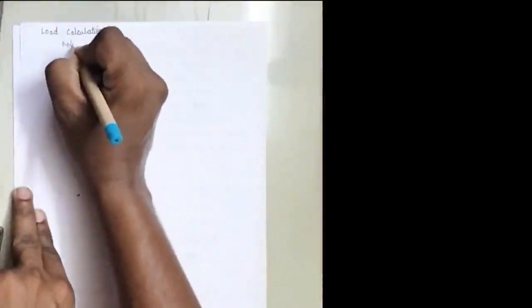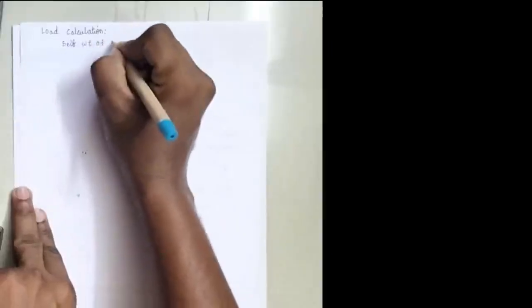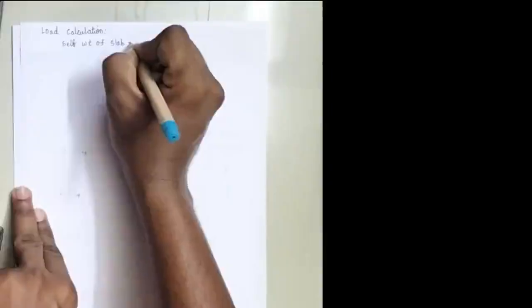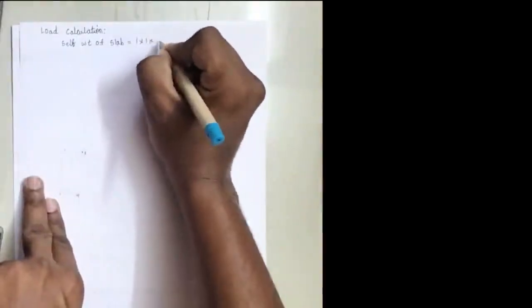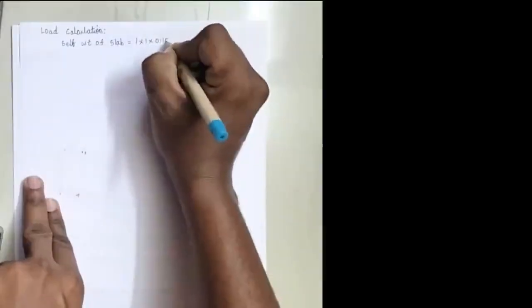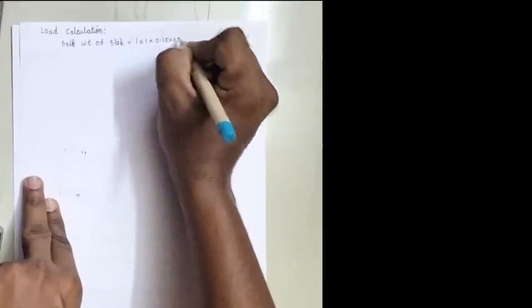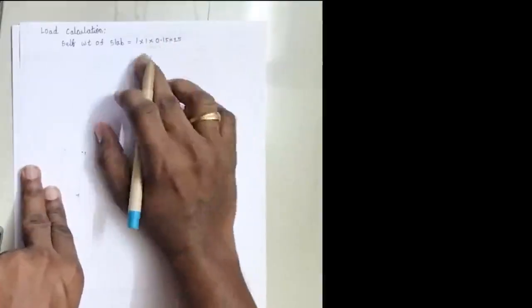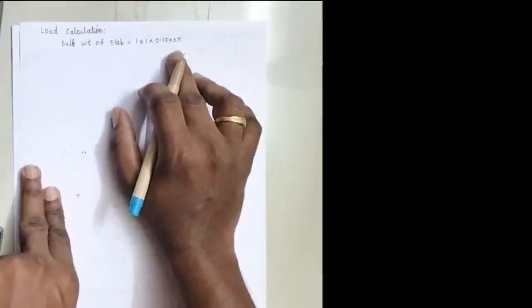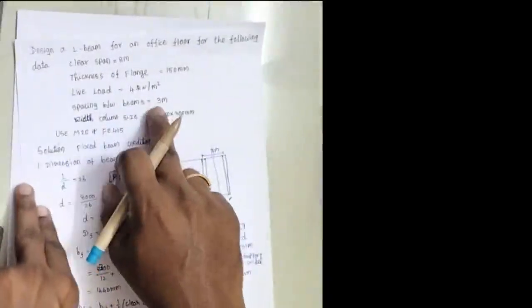So self weight of slab is 1 into depth of the slab, 0.15, into 25. But here, it is not a slab. We need to convert this load to the beam. The spacing between the beams, which was given, is 3 meters.